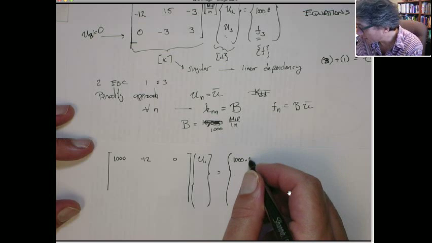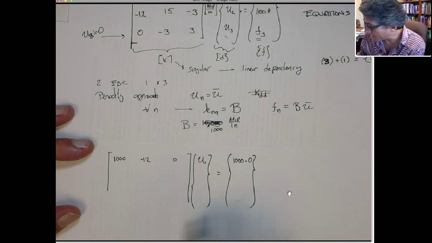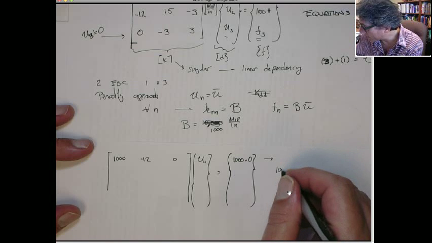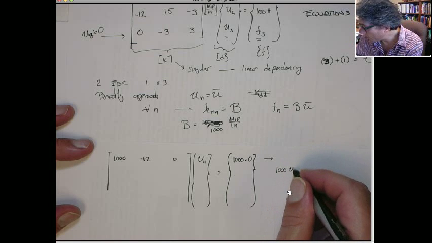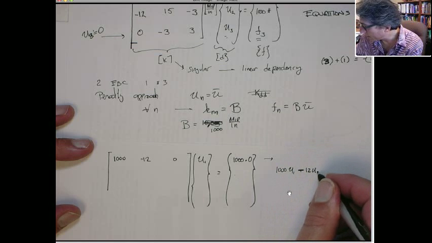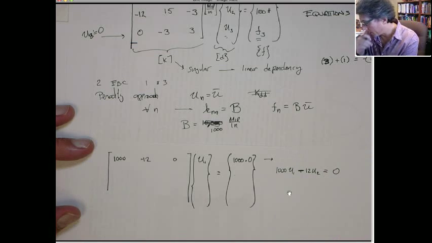So in this case, it's actually 0. Now if you look at this equation, this is now 1,000 times u1 minus 12 times u2 equals 0.